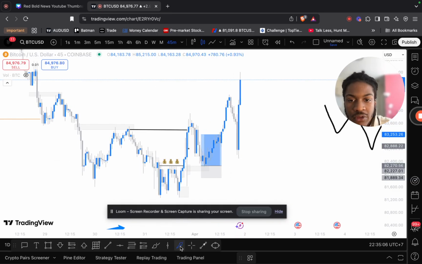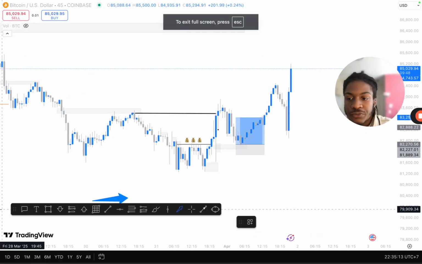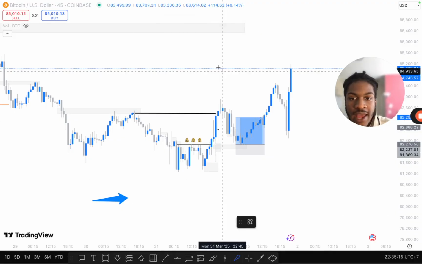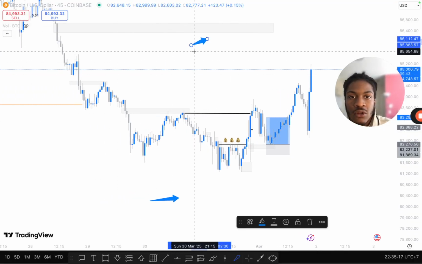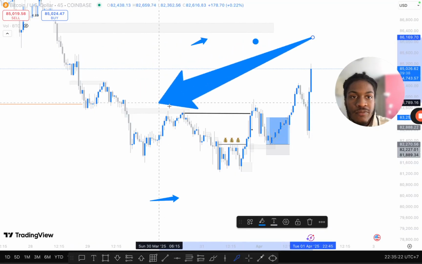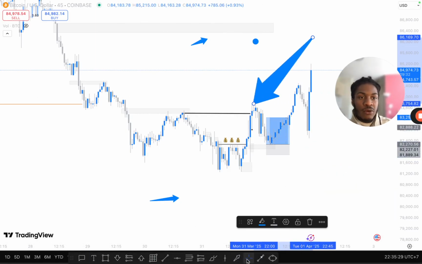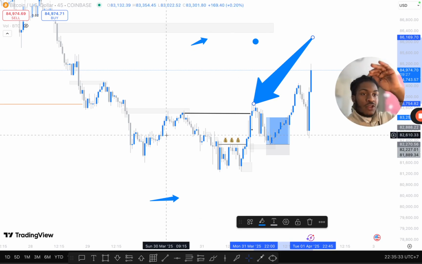You can see here that the market was bearish. Let me just get rid of this so you guys can see. The market was bearish because we had all of this price action on Bitcoin, and then here, where the blue arrow is pointed, is where price broke out and disrupted that trend, because it took out the trend of a high, lower low.